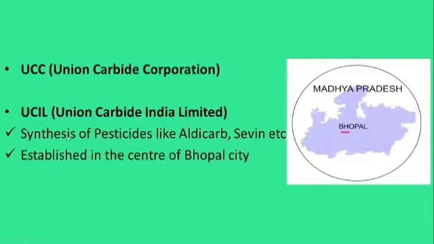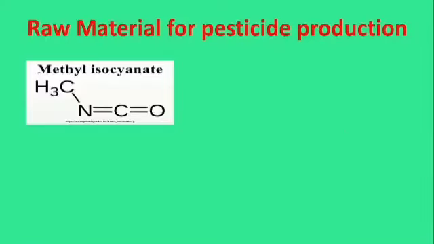And this company was involved in synthesis of pesticides like LD Carb, Sevin, etc. Now the location of this plant was not correct because right in the center of Bhopal city, the city had a number of human settlements. Anyways, this Bhopal plant or UCIL was manufacturing its pesticides like LD Carb and Sevin with the help of a raw material, and the raw material was methyl isocyanate.